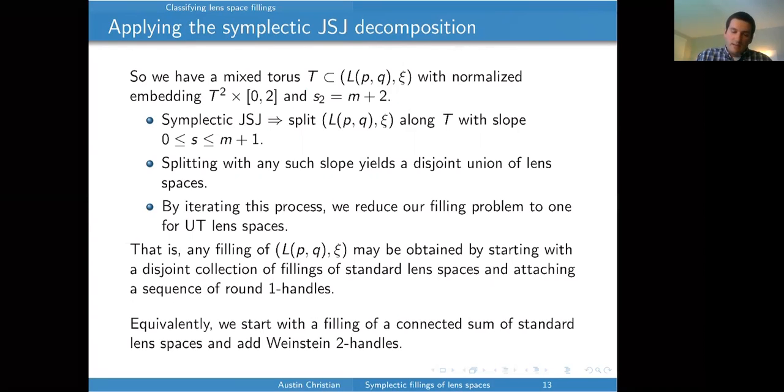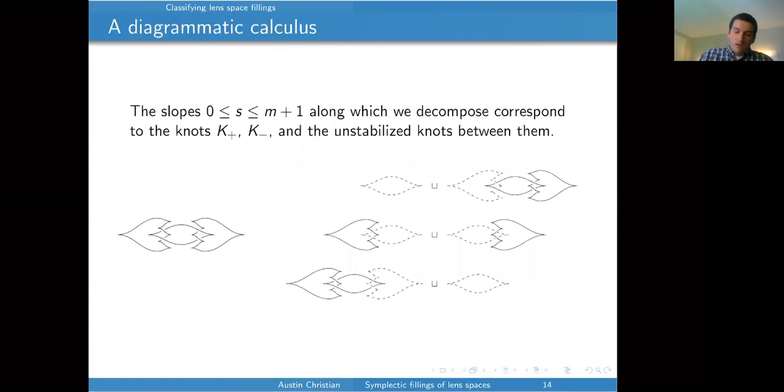And maybe in the last 90 seconds or so that we have, we can talk about the diagrammatic calculus that this yields, because these slopes give us a nice collection of outputs. So here's the lens space we started with, L(24,7), and we have this m equals 1 because there's one unstabilized knot in the middle.